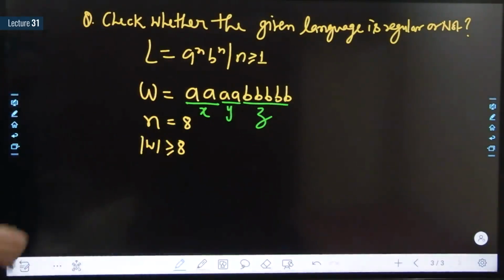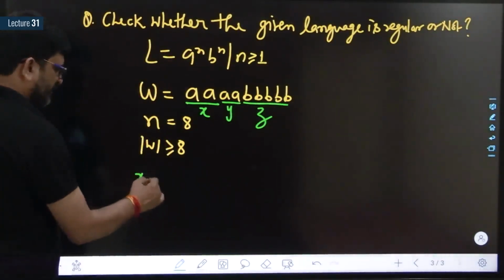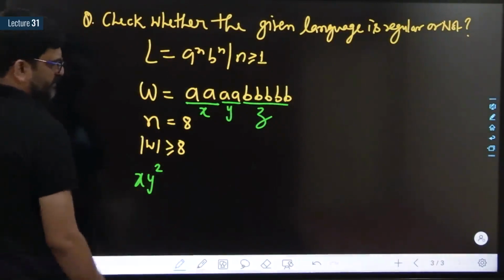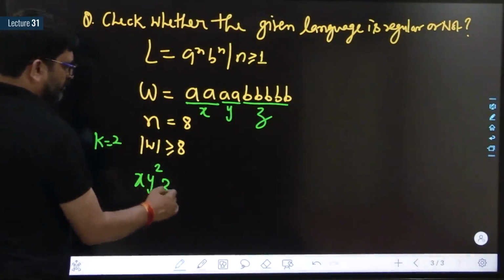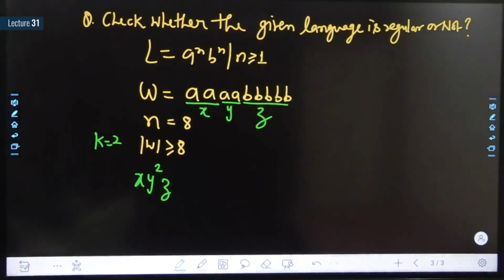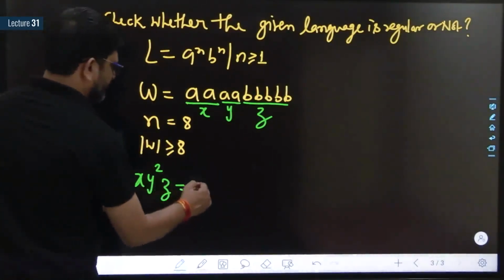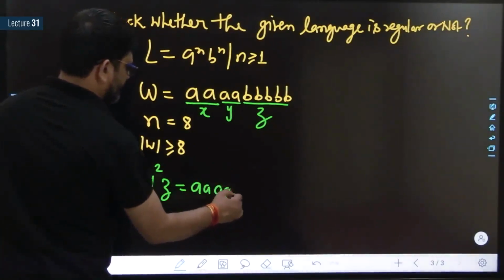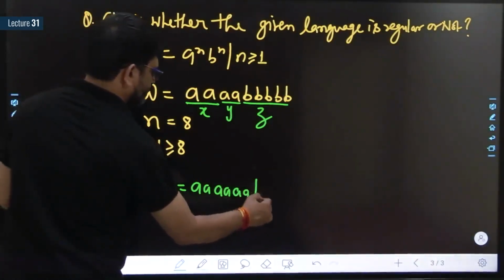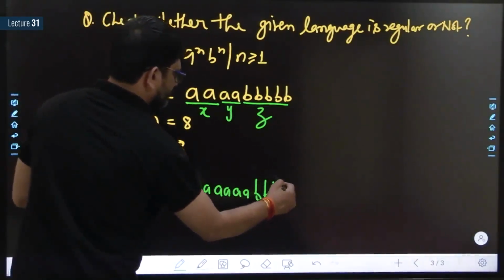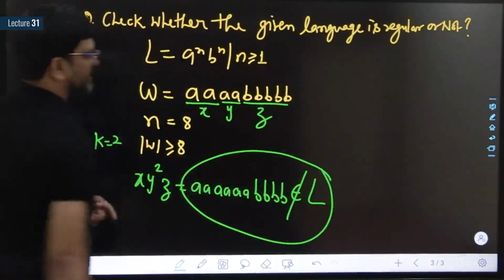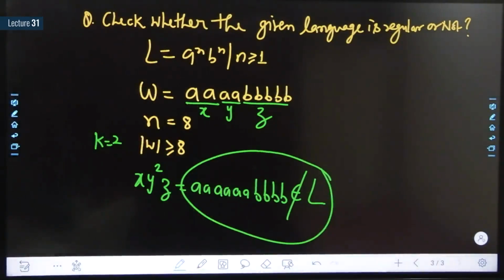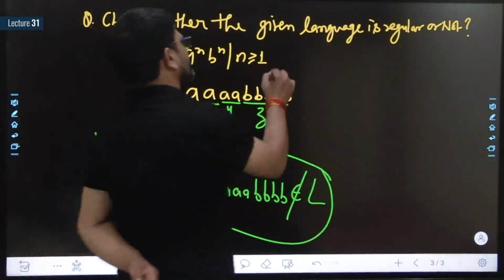Okay. If I pump x y squared, k equal to 2, does it also belong to the language or not? What is y? A. This does not belong to L. That's why the given language is not regular.